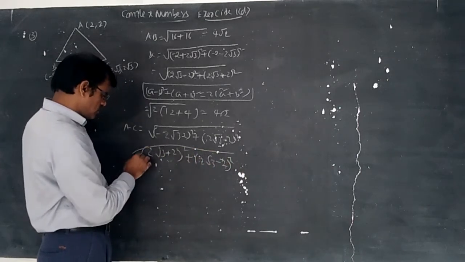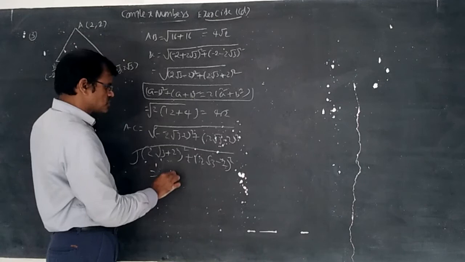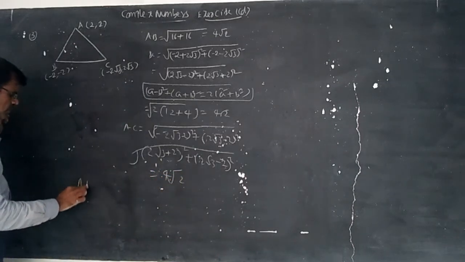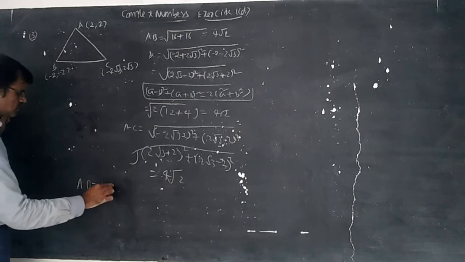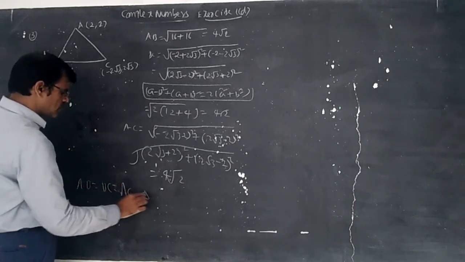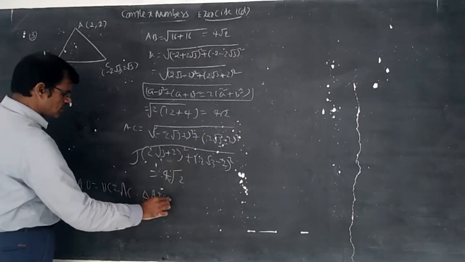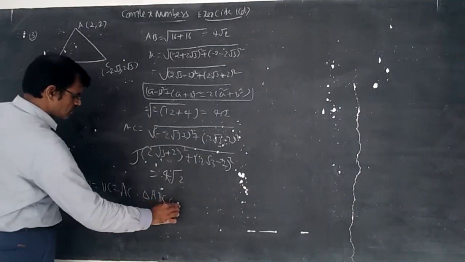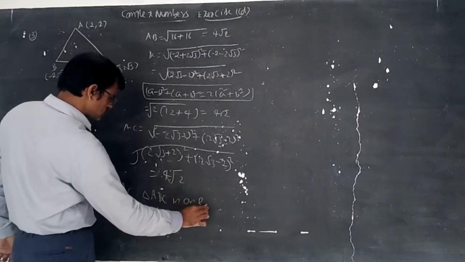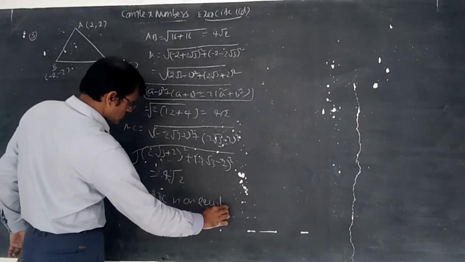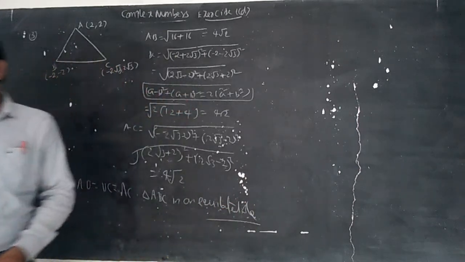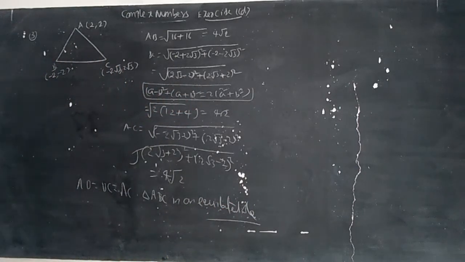Square root of 32, that is 4 root 2. So AB is equal to BC is equal to CA, we got. Therefore, triangle ABC is an equilateral triangle.